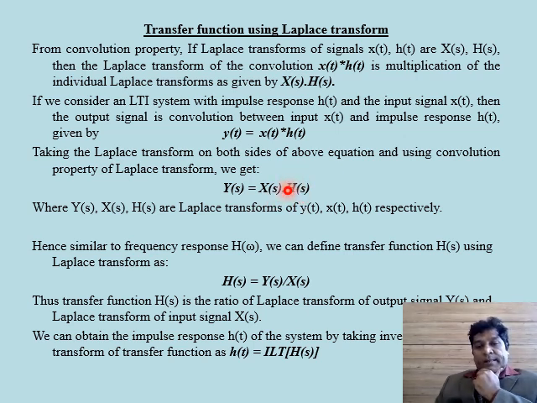Now we can write H(s) as Y(s) divided by X(s). This H(s) is called the transfer function, and it is the ratio of the Laplace transform of the output signal and the Laplace transform of the input signal.